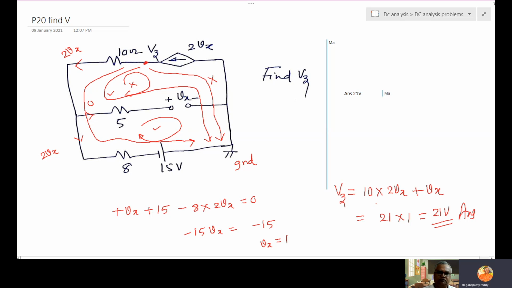So that's a simple way. The specialty of this problem is that people are not confident how to take the loop equation. So in mesh analysis, I told you one important rule. We can consider any loop, but don't go via a current source. That is the only important precaution in mesh analysis. Okay, so this is done.